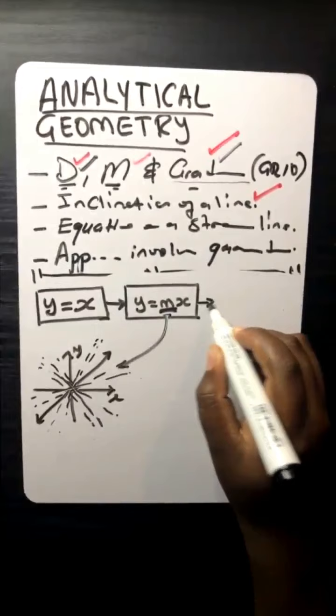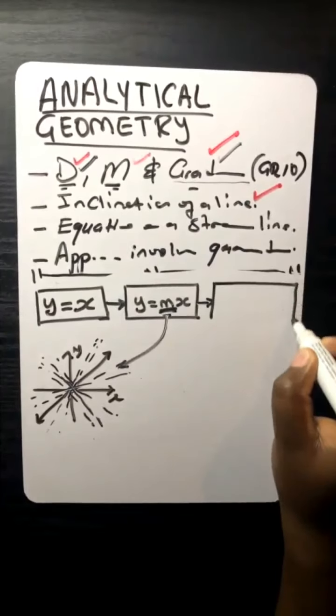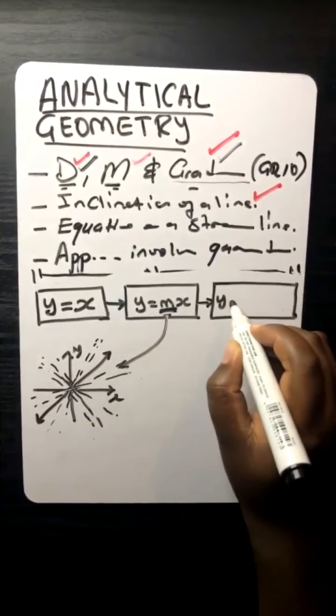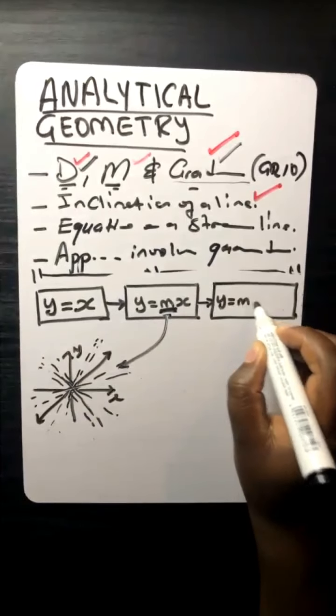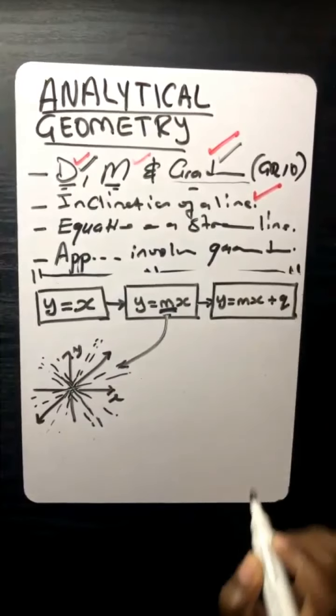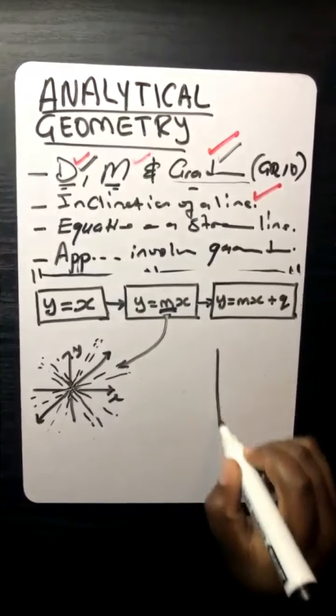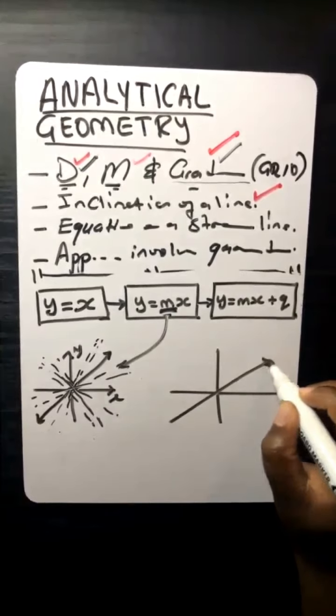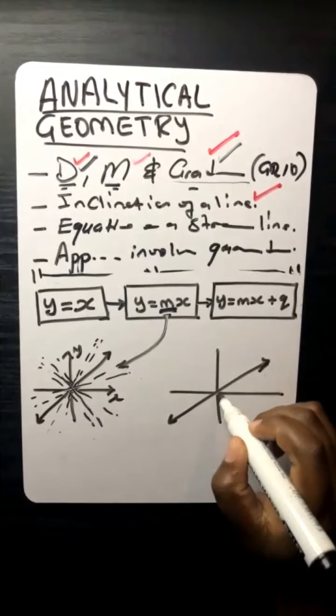Then we said, although we might have different gradients of straight lines, those lines can still be shifted. In which direction? Up or down. A straight line which was originally passing through the origin can be shifted up and down.